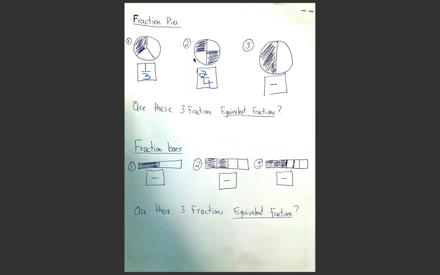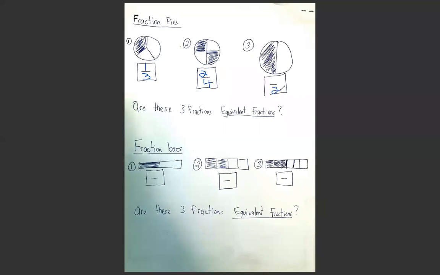Look, Judy, look at number 2 with me. Let's go back to number 2. How many pieces are in the whole here? In number 2, 4. So what's the denominator in number 2? 4. Right, let's go back to yours. How many pieces are in the whole, Judy? 2. All right, what's the denominator? 2. Very good.